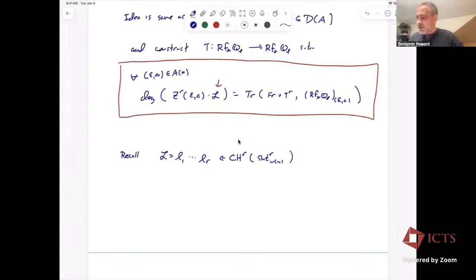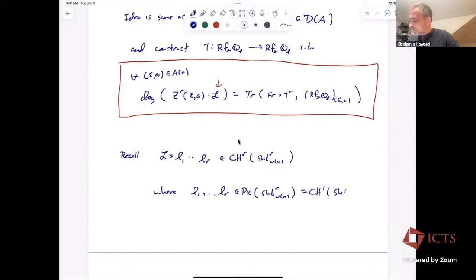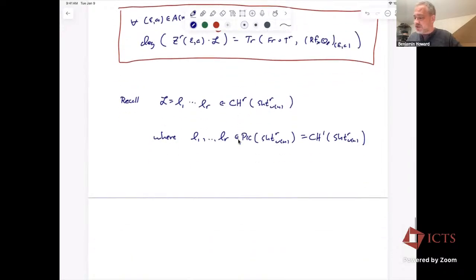And these other things are tautological bundles on our moduli space of Shtukas, thought of as divisors modulo rational equivalence. So there are r of them. You view them as elements in the codimension 1 Chow group. You intersect all of them, and you get some distinguished codimension r cycle class.